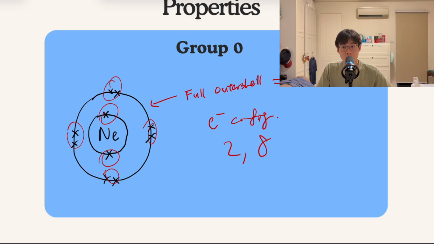And therefore, it doesn't readily undergo any reaction because it doesn't have to. It will just stay as it is because it doesn't need to gain or lose any electron in order to remain stable. So it would have no incentive to do anything. So it is very inert, which means unreactive.